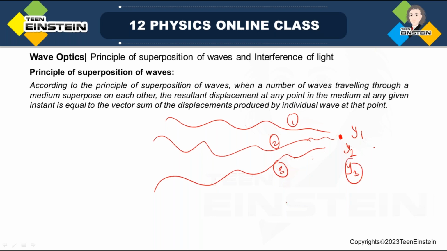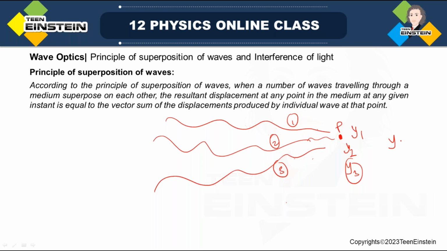So the resultant displacement of this particle is due to all the waves superposing at the same point. Superposing means they are meeting at the same point, this P, let us say.